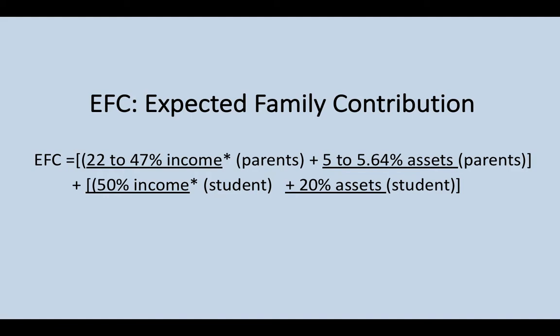You can see here you have parent income, parents' assets, then student income, student assets. Just for a quick view, it's 22% to 47% of the parent income, plus 5% to 5.64% of parents' assets, 50% of student income, then 20% of student assets.